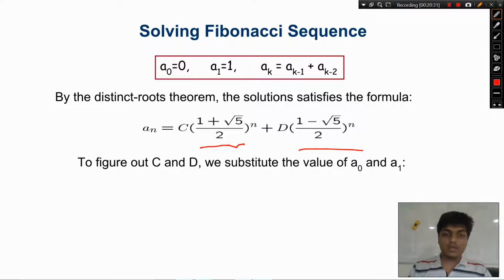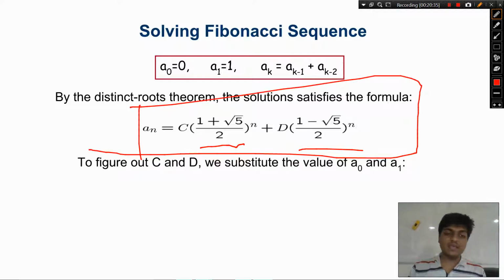By the previous theorem, any solution a_n will be given by c times this and d times this. We want to find c and d, using the values of a0 and a1.